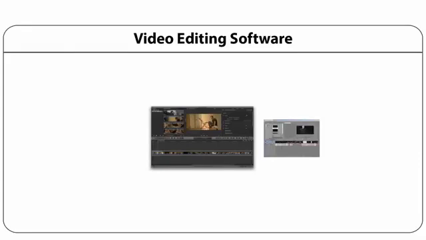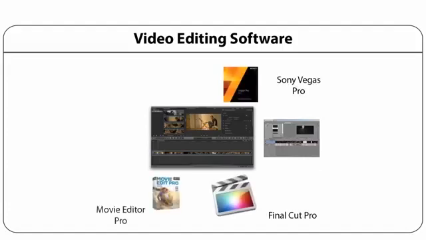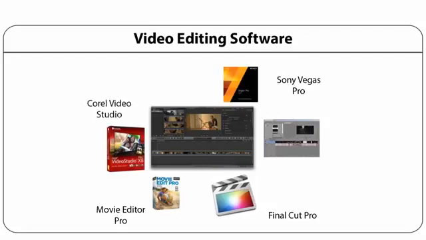The most popular video editing software are Sony Vegas Pro, Final Cut Pro, Movie Editor Pro, Corel VideoStudio, etc. These have the facility to edit, mix, and provide special effects on the video. They also have the facility to mix and edit audio on the video.